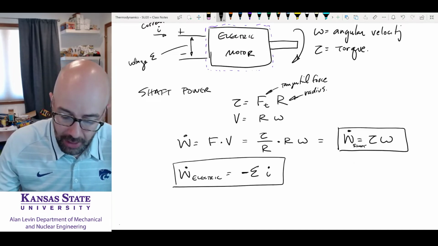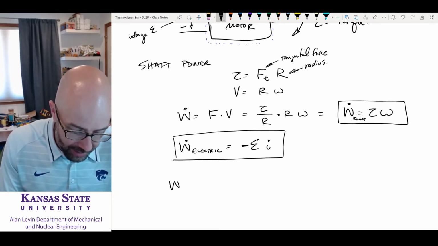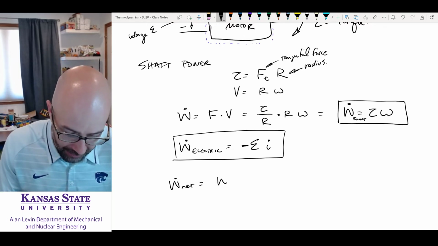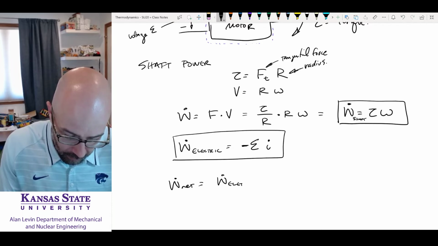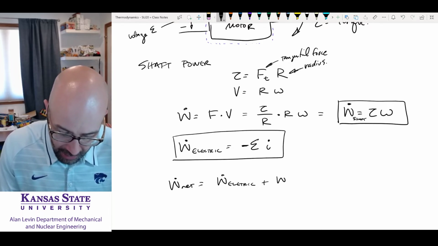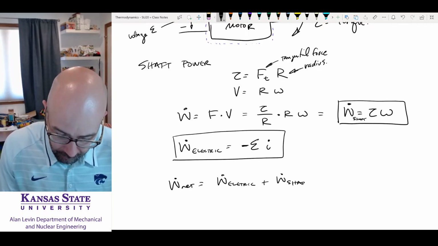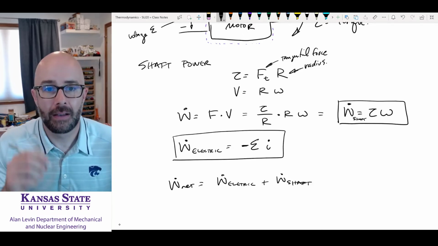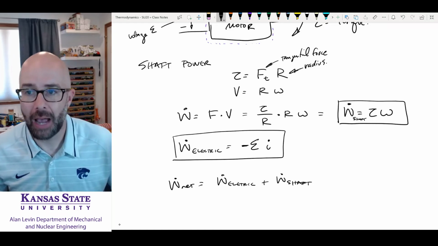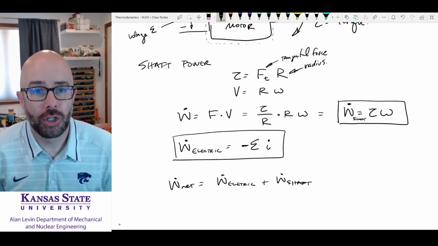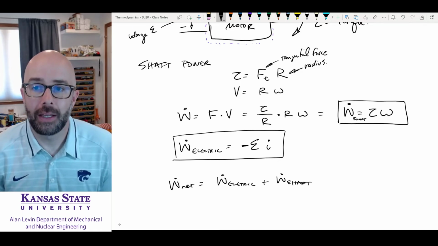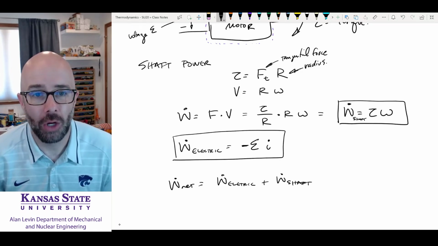So when we do this, our net power going into our motor is going to be W dot electric plus W dot shaft, where W dot electric is minus voltage times current, and W dot shaft is torque times angular velocity.